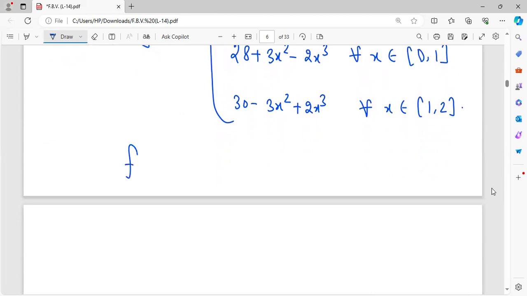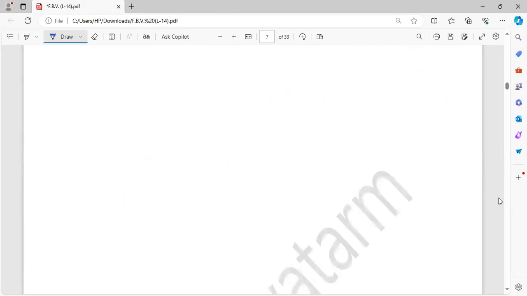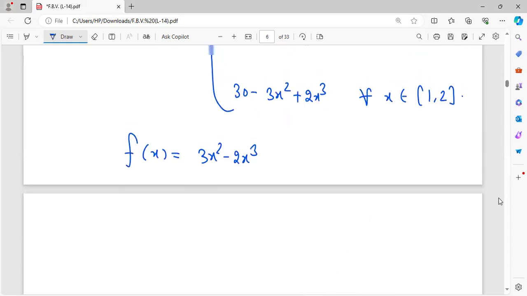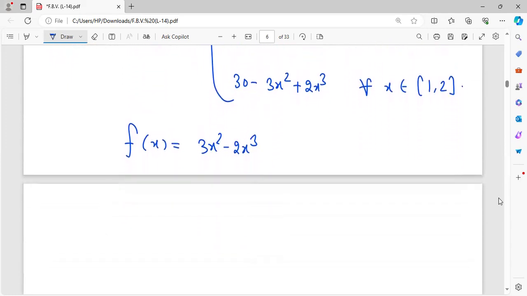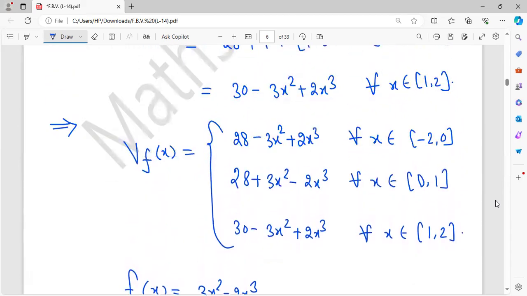Now F is actually Fx equal to this, 3x square minus 2x cube. So we got the variation function. Now we need to calculate the positive and negative parts. Okay.